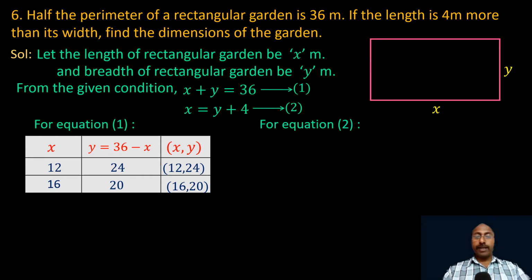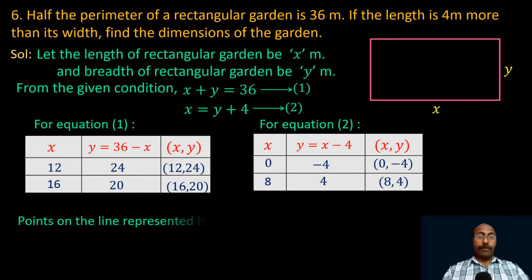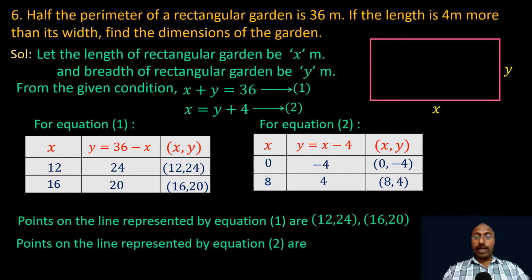And similarly, for equation 2, y is equal to x minus 4, and if x equal to 0, then y equal to minus 4, and the point is 0 comma minus 4. If x equal to 8, then y equal to 8 minus 4, the point is 8 comma 4. So now the points on the line represented by equation 1 are 12 comma 24 and 16 comma 20, and similarly the points on the line represented by equation 2 are 0 comma minus 4 and 8 comma 4. So let us draw the lines on the graph paper.